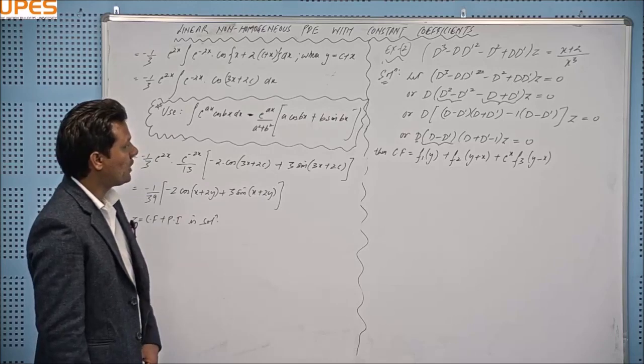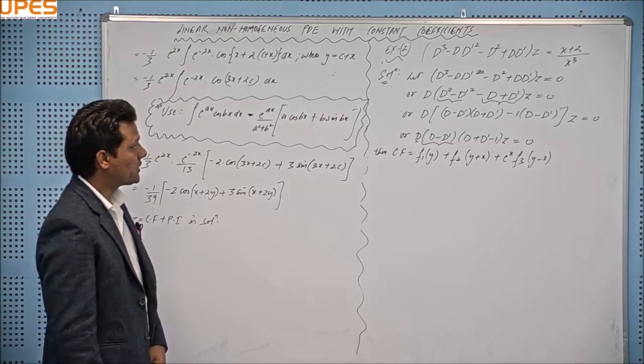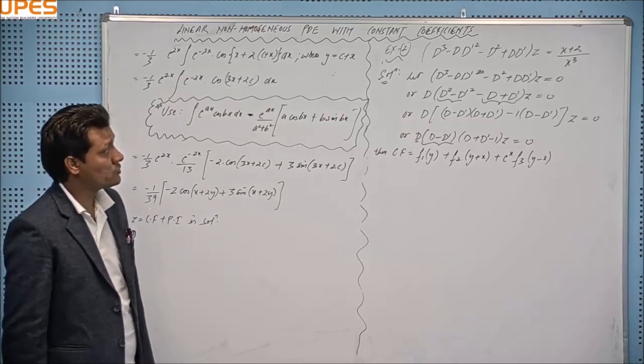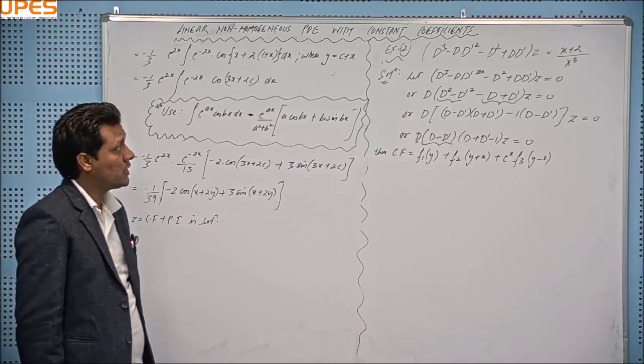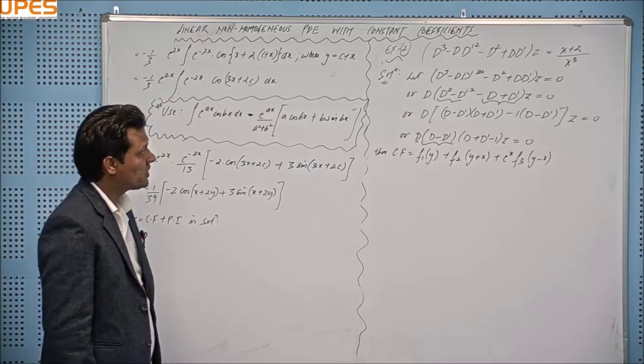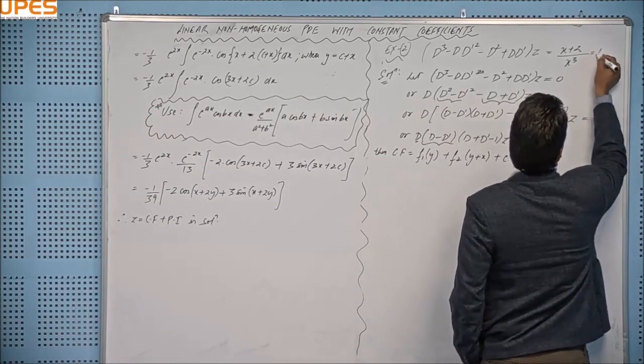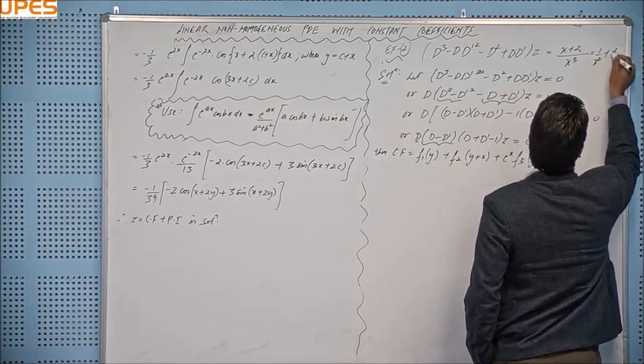And now the important point is to find the particular solution. See the right hand side, x plus 2 over x cube, or you may write it as 1 upon x square and 2 over x cube.